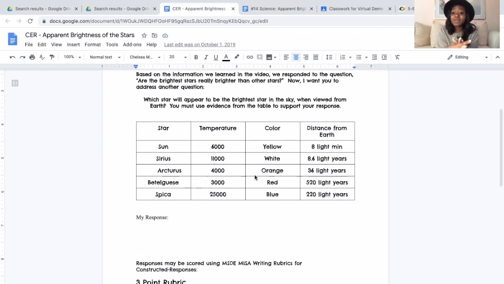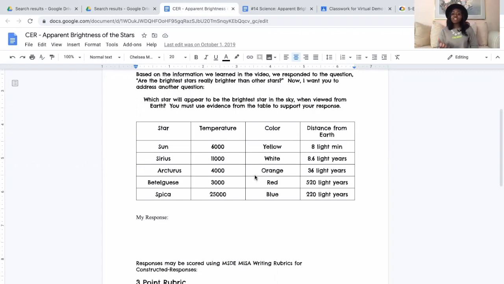So some students might think that stars that are hotter are closest to Earth, or they may think that stars that are brighter in color are closer to Earth, whatever the case may be. And this data chart helps students understand that it's actually the distance that determines how bright a star appears. So I really love it.